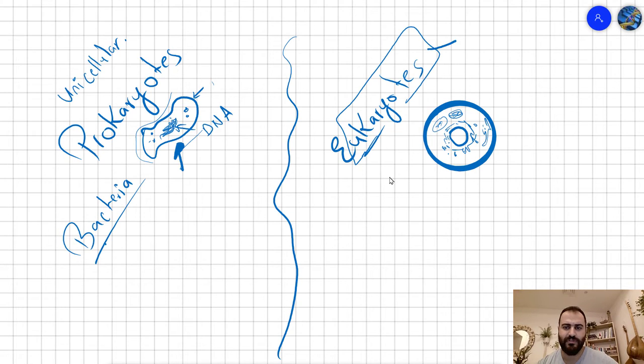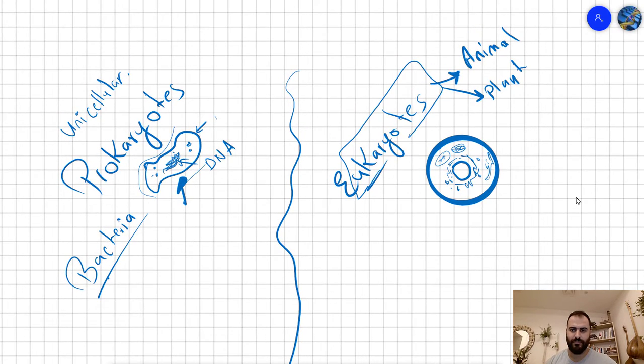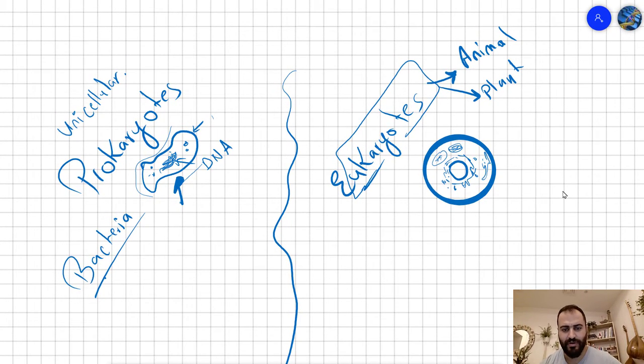And eukaryotic cells can be either animal cells or plant cells. And there are eukaryotes that are unicellular, such as paramecium or yeast, and they can be multicellular.